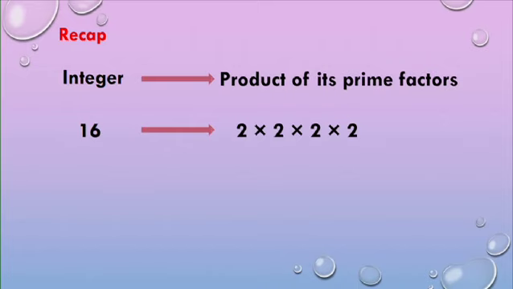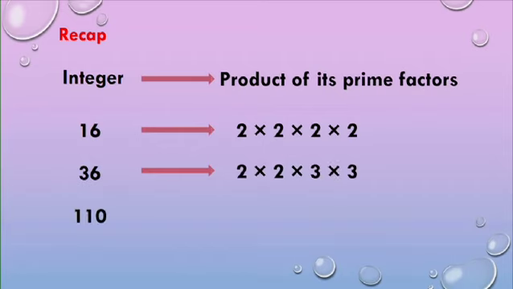These 2's are the prime factors of 16. Similarly, 36 as a product of its prime factors is 2 times 2 times 3 times 3. What about 110? Can you think about the product of its prime factors? Yes, it is, of course, 2 times 5 times 11.